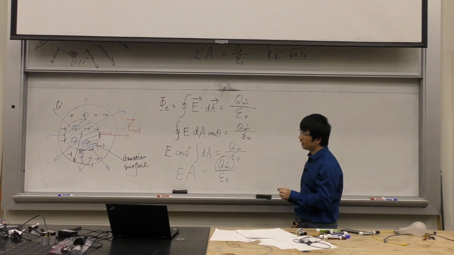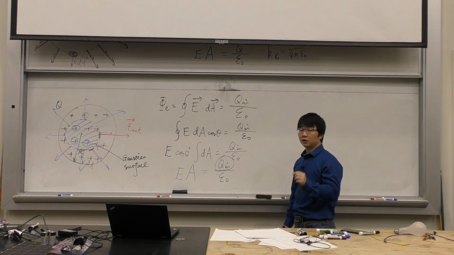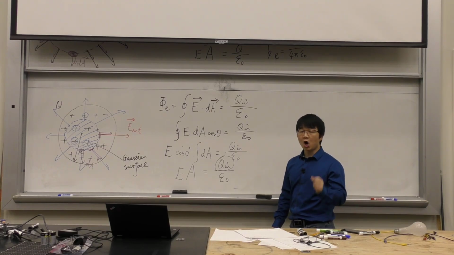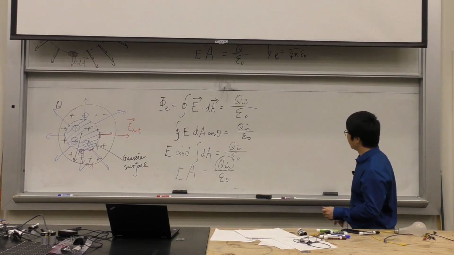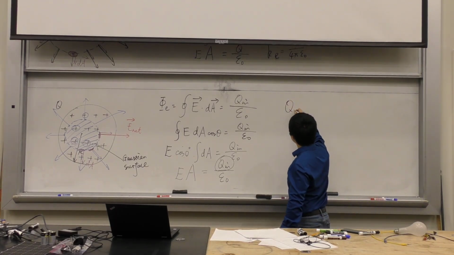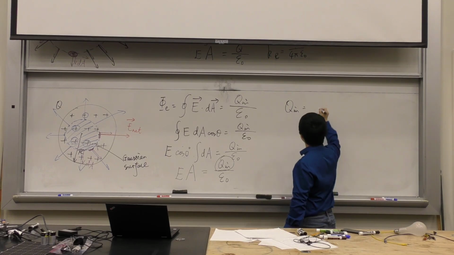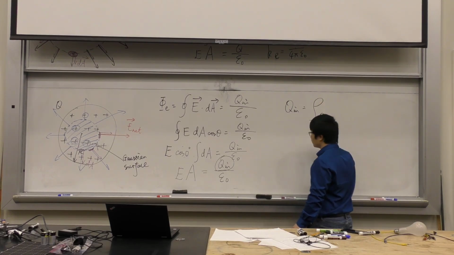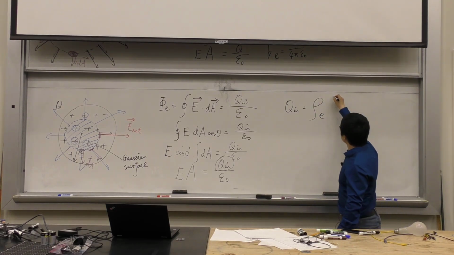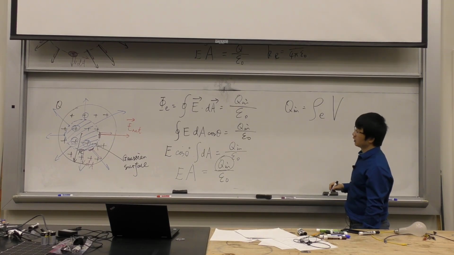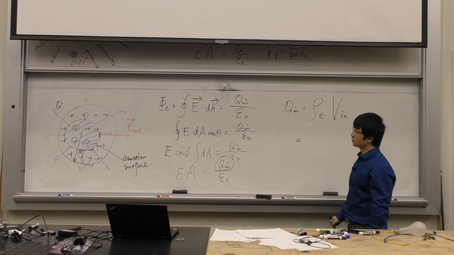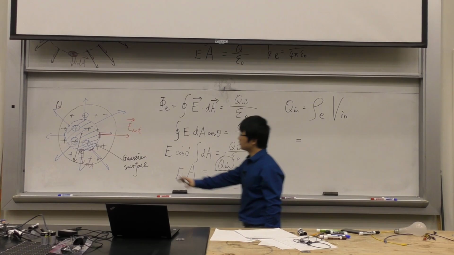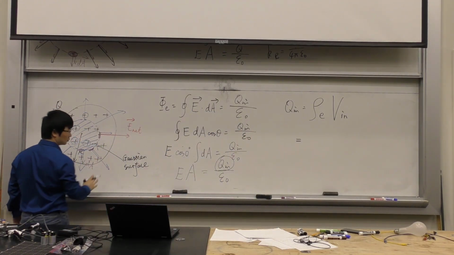So in this case, you would use the volume charge density we defined before, because this Q in is going to be the volume charge density times its volume. Okay? And then how do you find the charge density? The charge density is uniform everywhere, right?